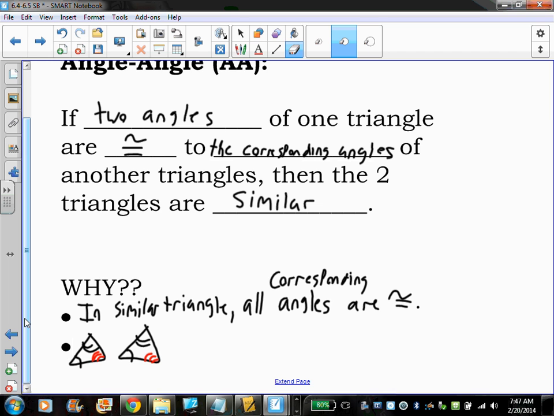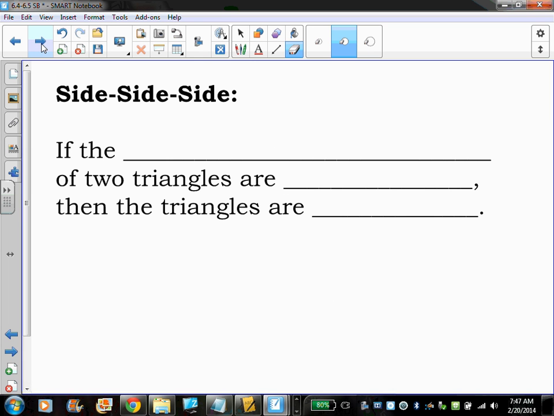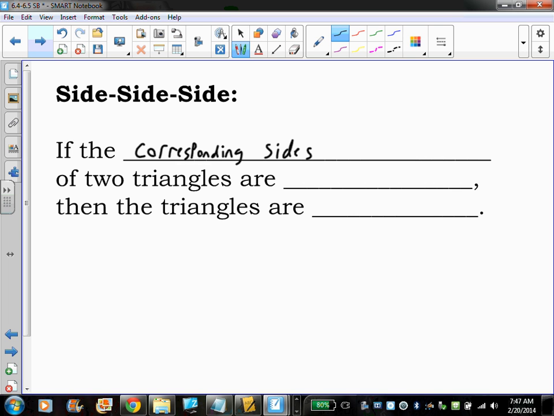All right, next theorem. Side, side, side. It reads, if the corresponding sides of two triangles are, and we're not going to say congruent here, because in similar shapes, sides do not need to be the same size.